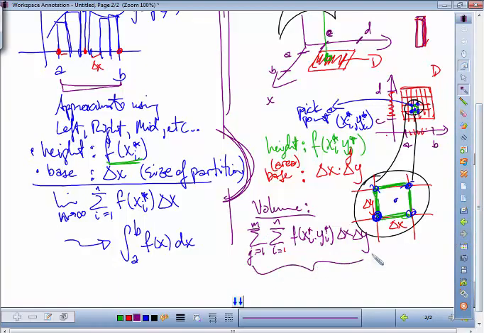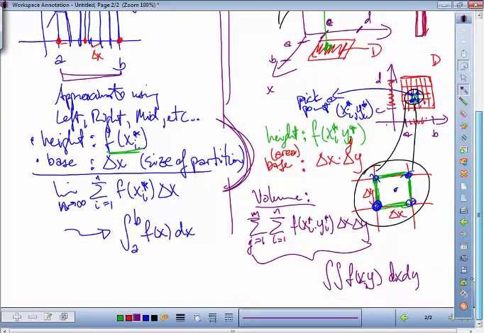All right, so this is the definition that's going to lead us to our double integral. So f of x y dx dy, and then your x limits go from a to b, and then your y limits go from c to d.